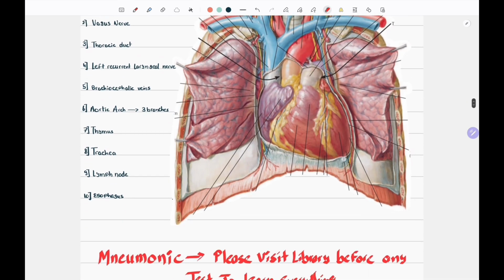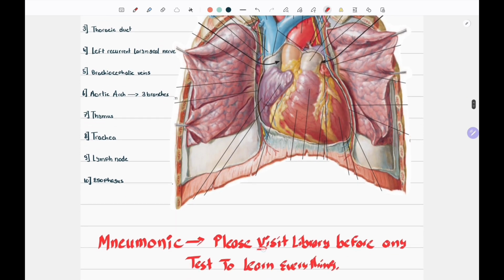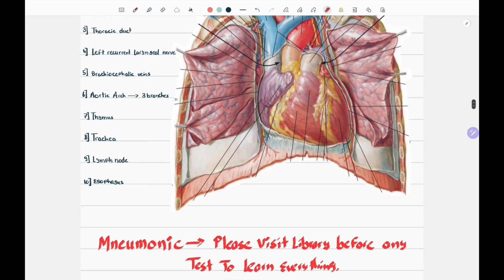So P stands for phrenic nerve, V for vagus nerve, L for left recurrent. Please visit the library. My bad. Please visit the library.